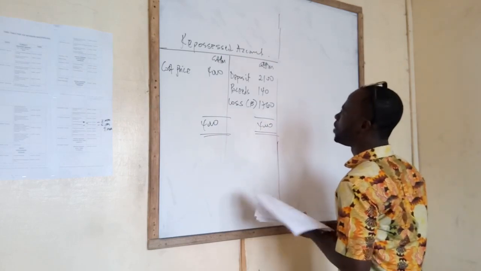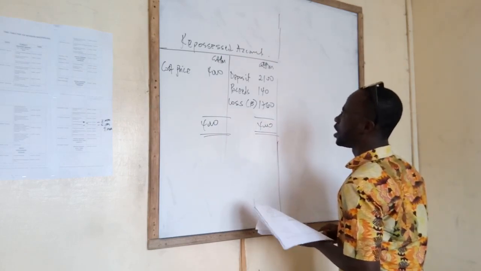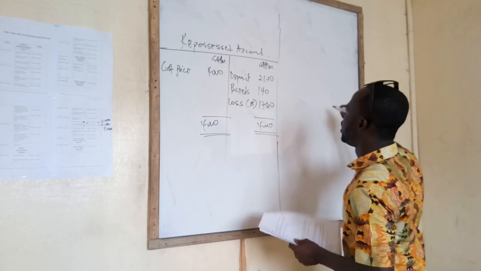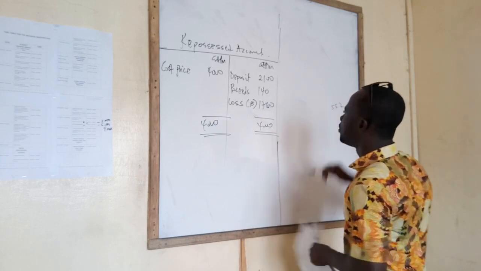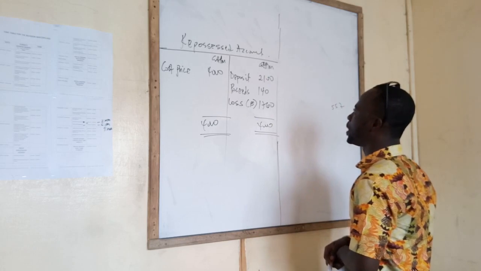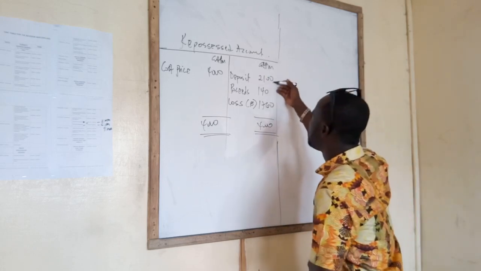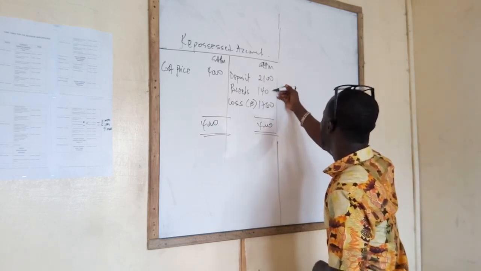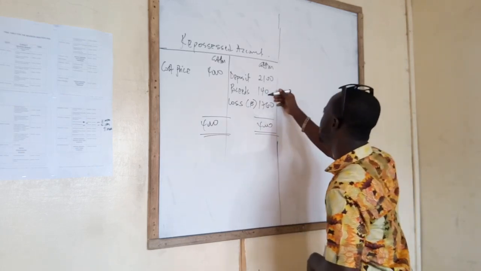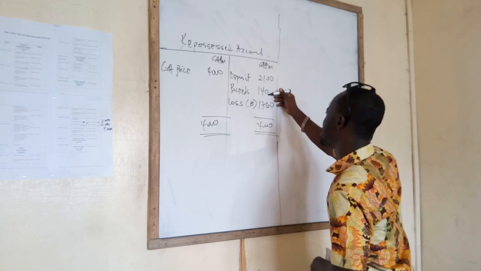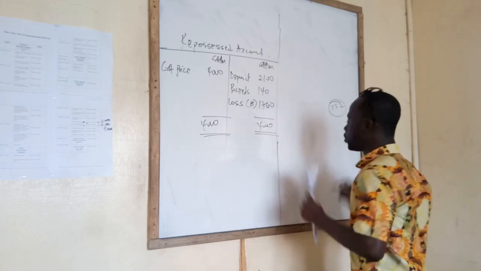How much installment did he pay? 557. Because this is the deposit he made, right? Then he paid this installment, then we sold the asset for this. No, we won't consider that one.